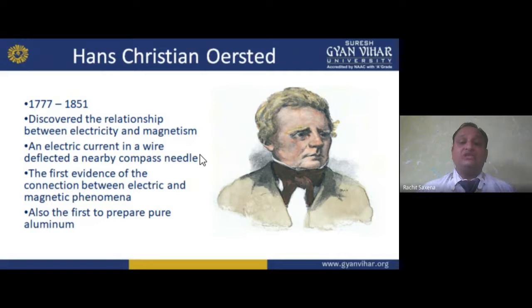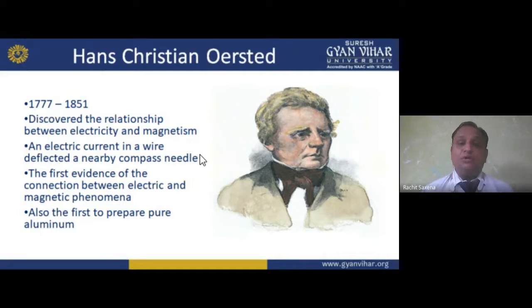So if anyone asks who was the main physicist who derived a relation between these things, Hans Christian Oersted, in 1777 to 1851, discovered the relationship between electricity and magnetism.